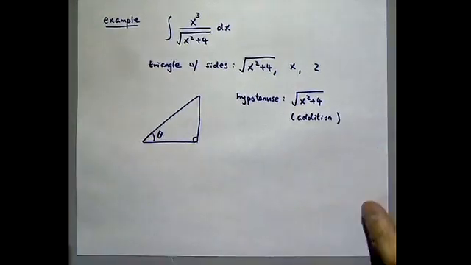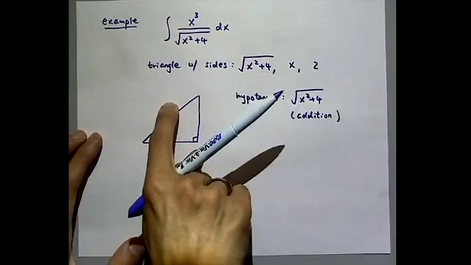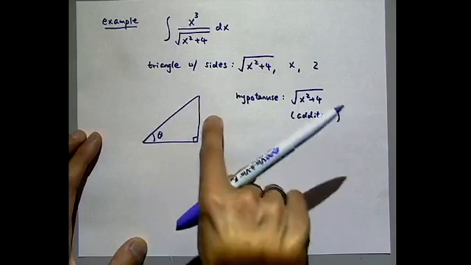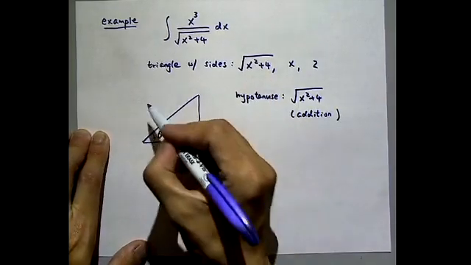It's an addition of the 2 other sides under a square root. And you remember the Pythagorean theorem: hypotenuse squared is equal to the square of this plus the square of that. And that's exactly why this thing goes to the hypotenuse.